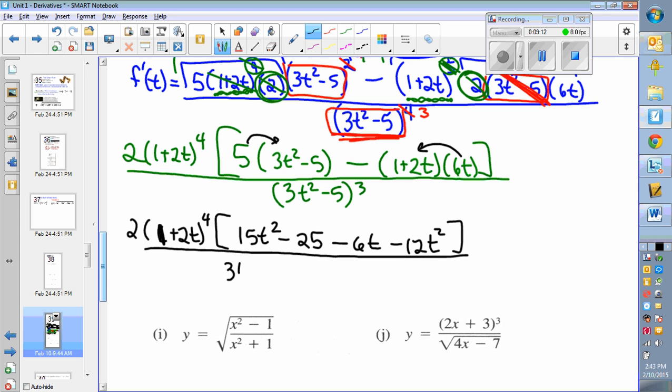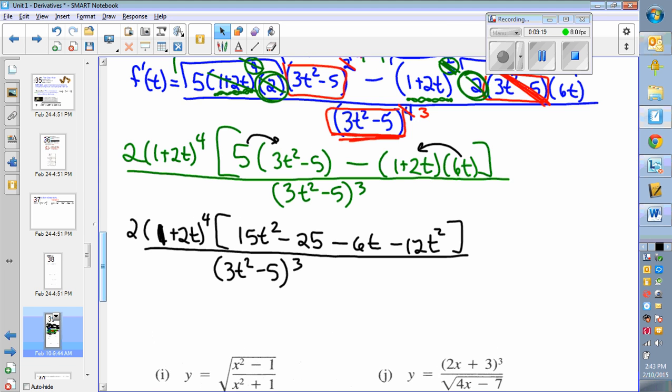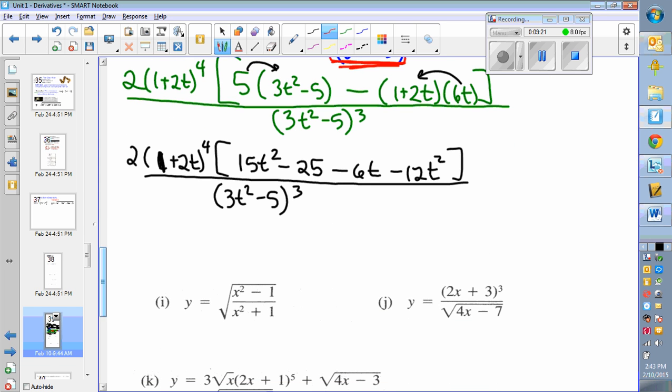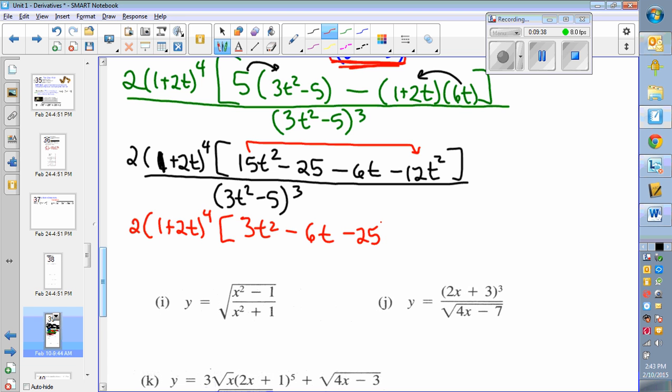And the denominator remains unchanged throughout. One last line of simplification. 15t squared and minus 12t squared makes 3t squared. So 2 bracket 1 plus 2t to the 4th, 3t squared minus 6t minus 25, and 3t squared minus 5 cubed.